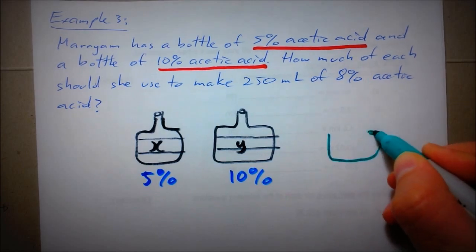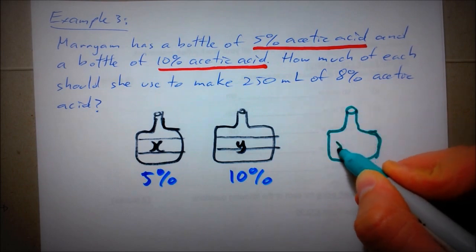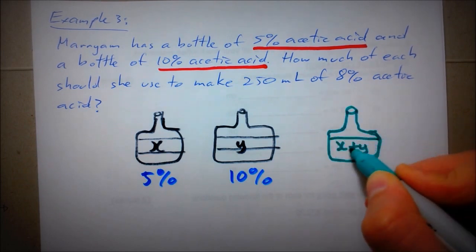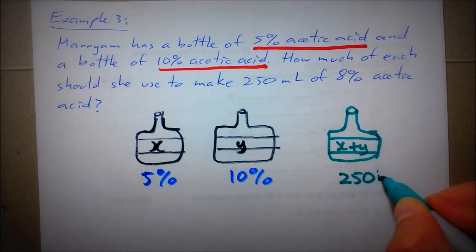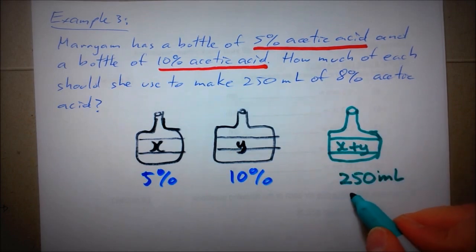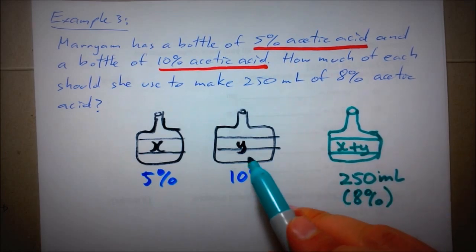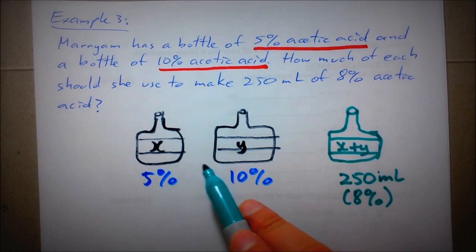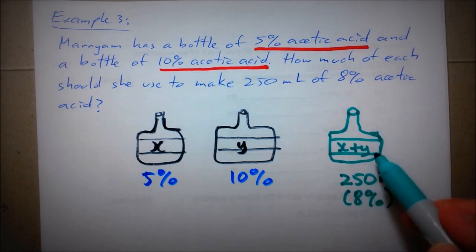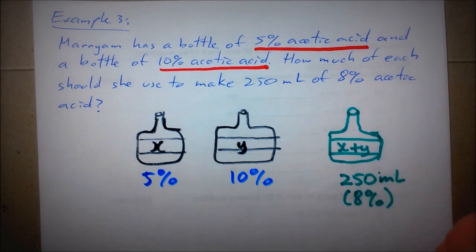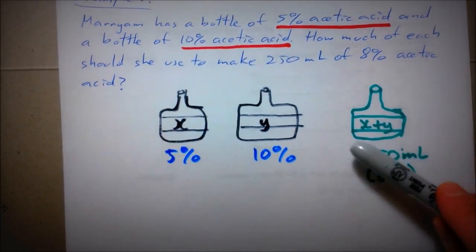And we know that when you add both the amounts of bottles X and Y, you want to get a total of 250 milliliters, and we want to get 8% of this acetic acid. Now, we have to figure out how much of each of these amounts we need in order to get 250 milliliters with 8% of it being acetic acid. So we can practically see what our first equation is. So let's start by doing that.